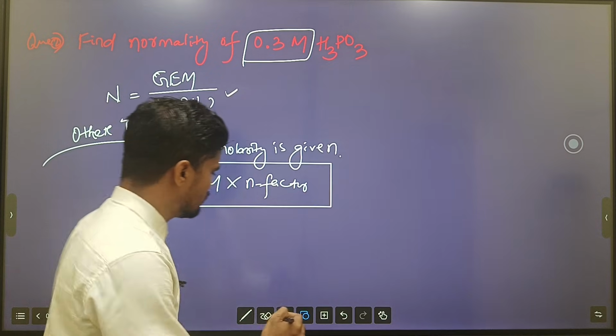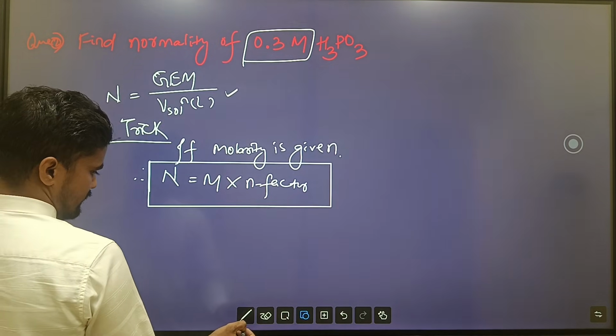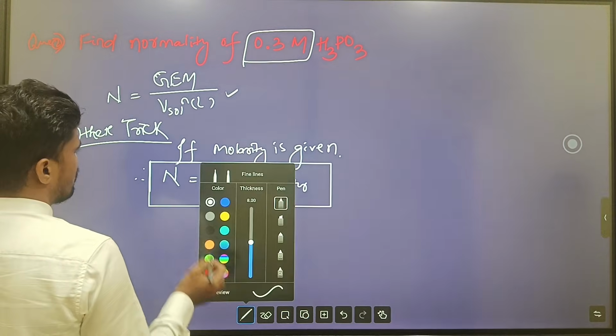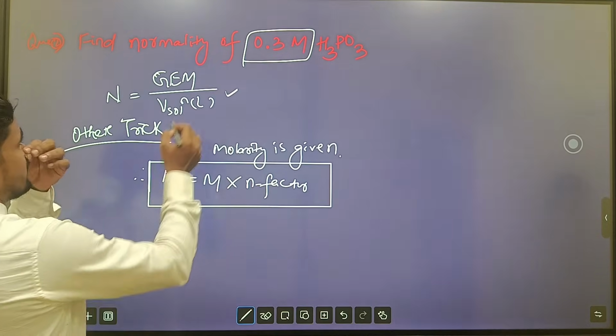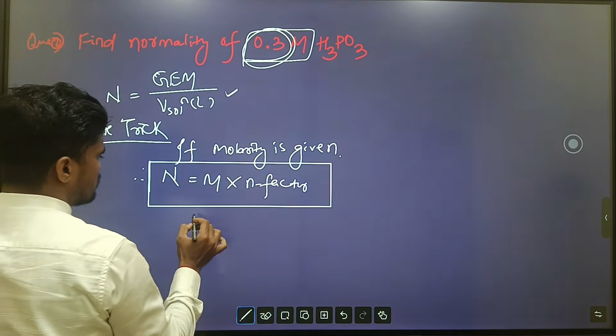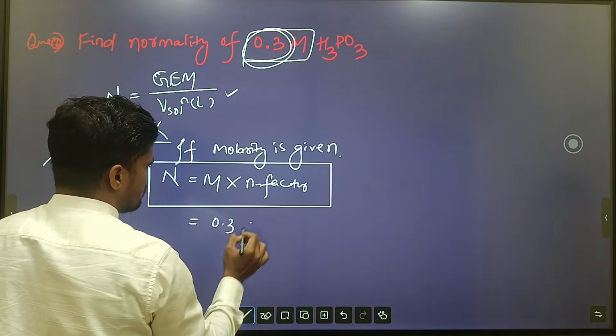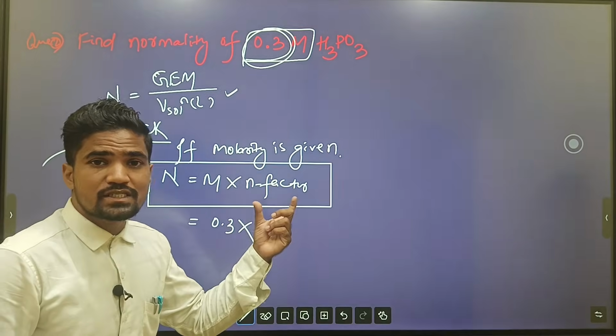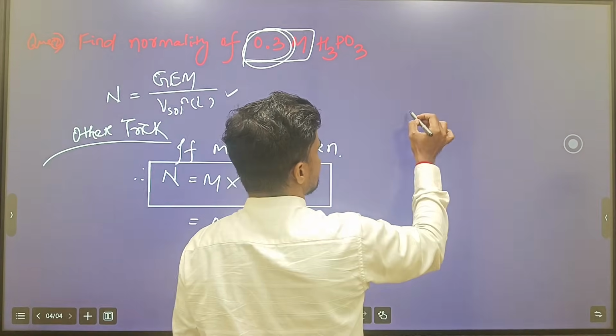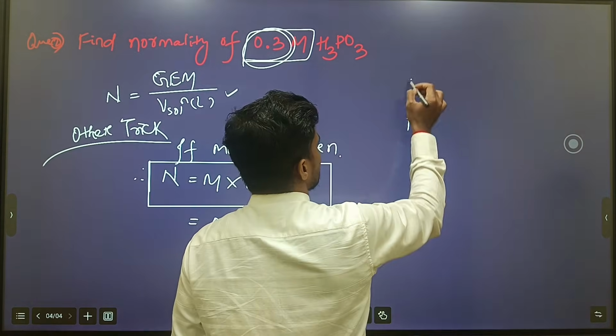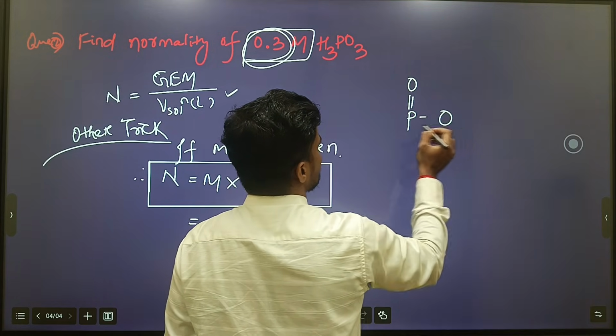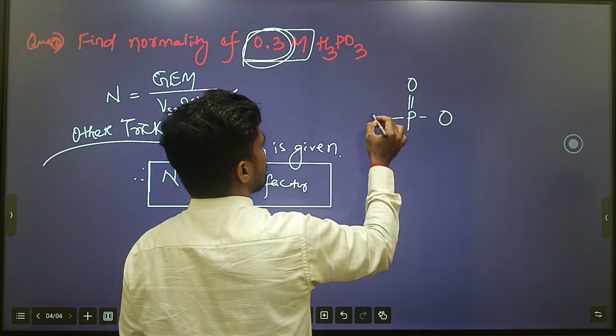We have already talked about it. So molarity is given 0.3, multiplied by the n factor of H3PO3. Since H3PO3 is an acid, we have to draw the structure. The valence factor comes out to 2 only.